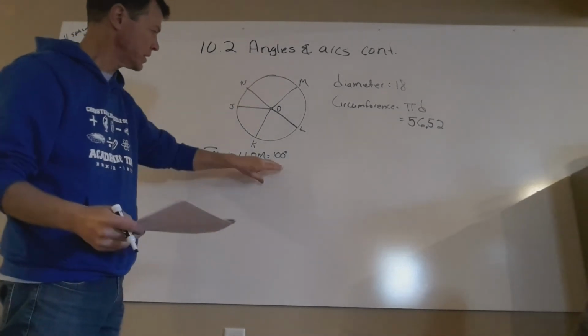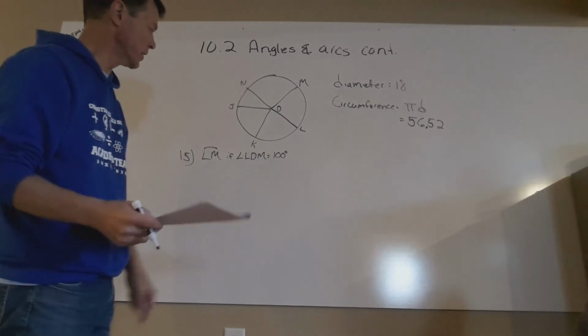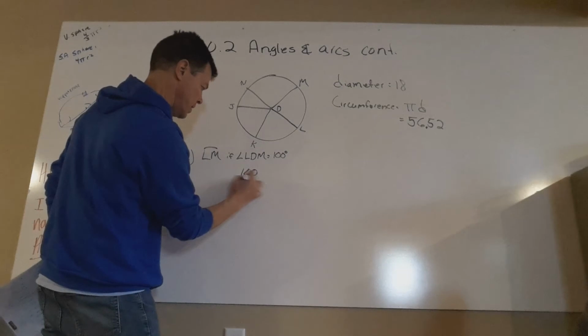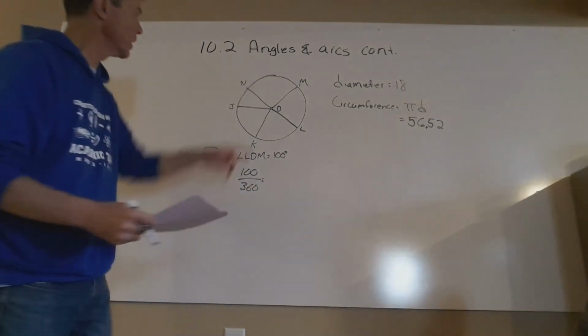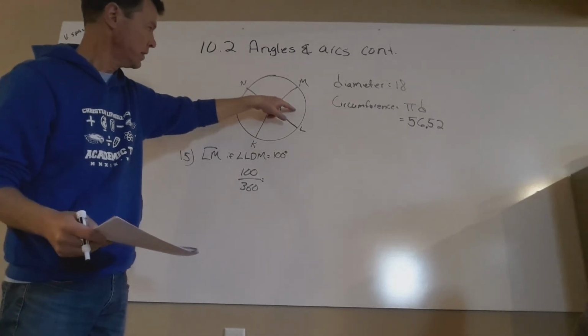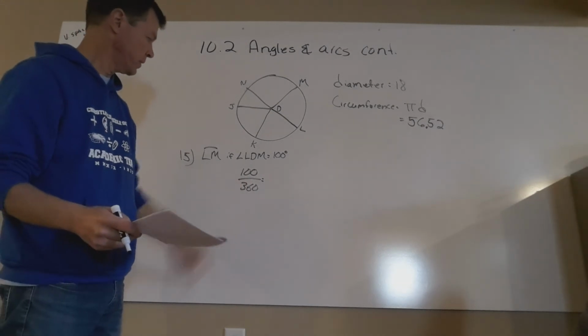Well, the way to do this is just to set up a proportion here. 100 out of 360 is this ML. So then do 100 divided by 360.